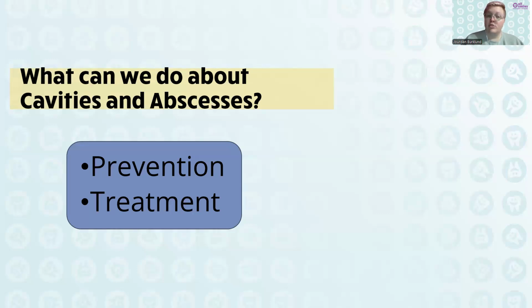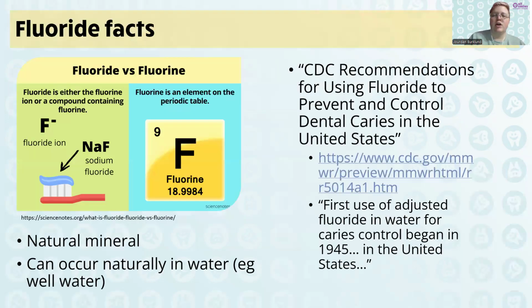So what do we do about these things? We work to prevent them from even happening, or if they do occur, we have lots of treatment options. So I'm going to dive into a couple of those. First, for prevention, one thing that we do at All Smiles is we provide fluoride in the form of a varnish that we paint onto the teeth. Fluoride is really important.